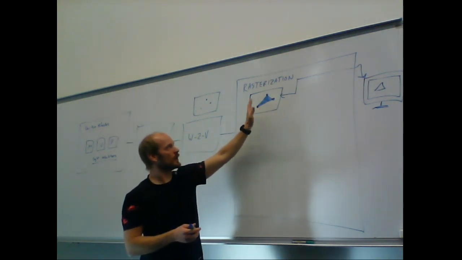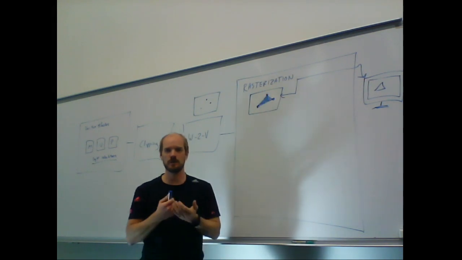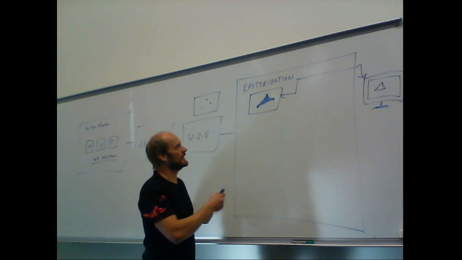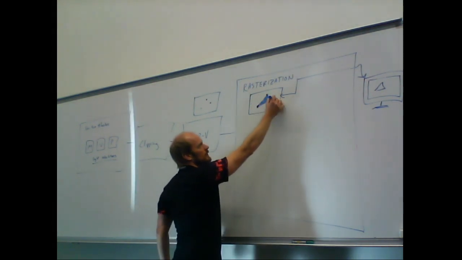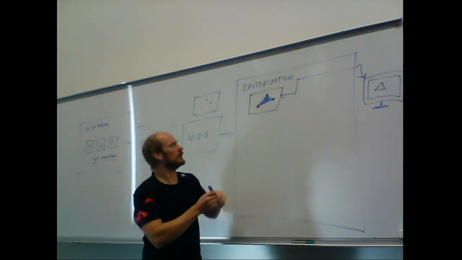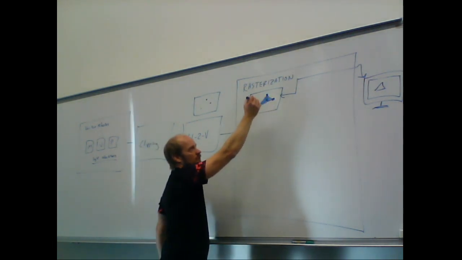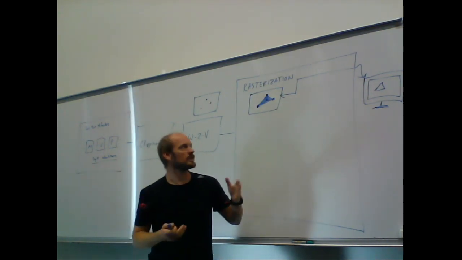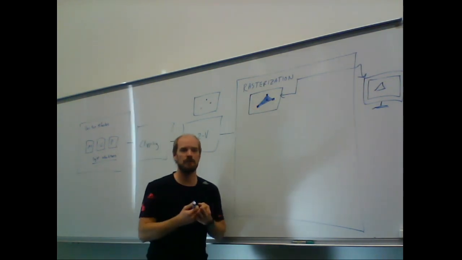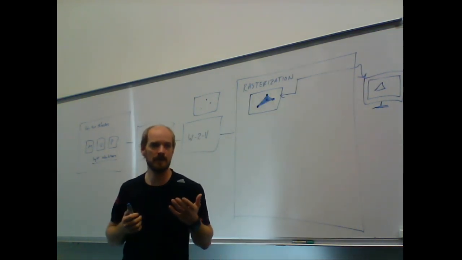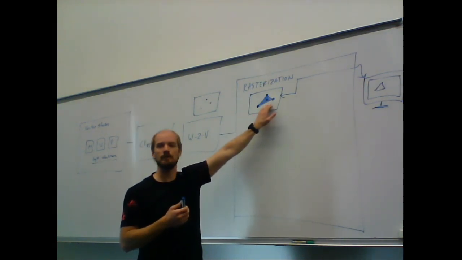Rasterization not only fills this in, although that is the first thing it does, it fills all of these in with the correct color. And if these are different colors, then we need some policy to decide the color of a pixel somewhere in this polygon that's not on a vertex. We have the colors for the vertices, so rasterization has a policy for how to fill in the color for the rest of the pixels that this polygon covers.